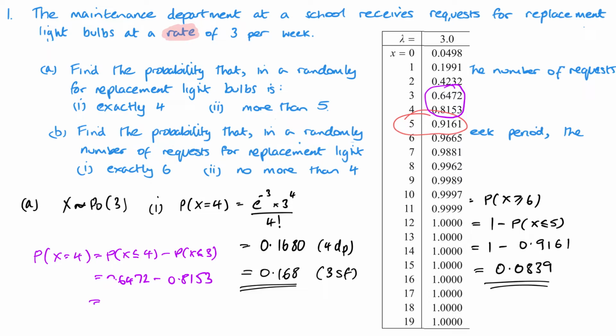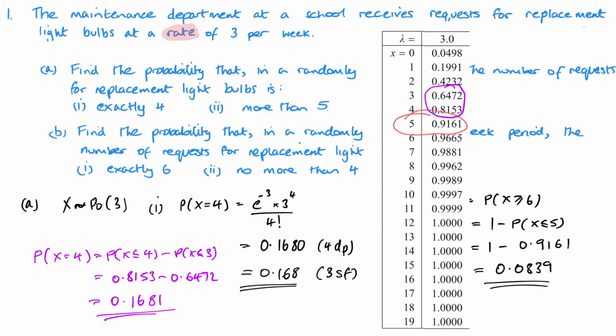Sorry about that, I've written it around the wrong way. So it's 0.8153 minus 0.6472. Don't know why I wrote it the wrong way there. And we get 0.1681. So you can see there that to 4 decimal places, there's a slight difference, isn't there?